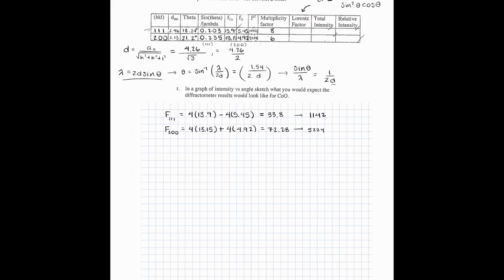The Lorentz factor is where we plug and chug. We have our thetas from this column, and that's it.